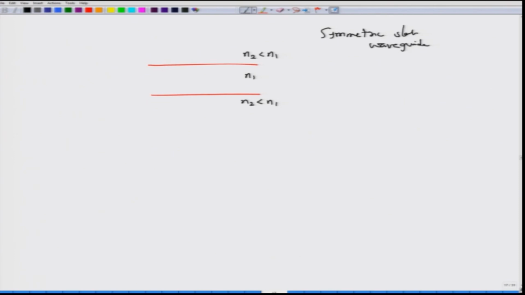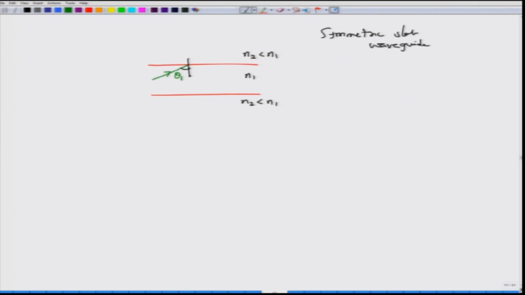So, what am I looking at here? I know that I need to incident light. Somehow I need to couple light into this film in such a way that the angle that it makes, theta 1, has to be greater than the critical angle.